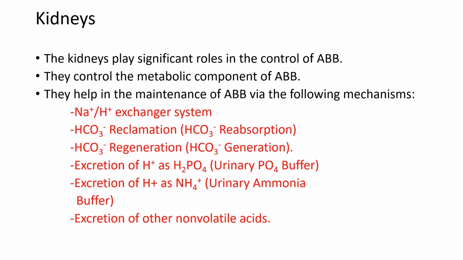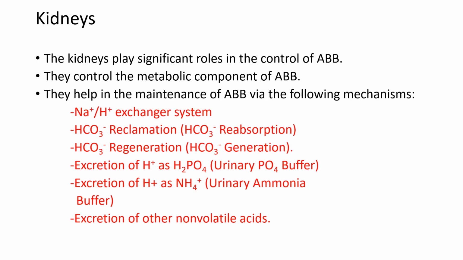Apart from the sodium hydrogen exchanger system, the other mechanism by which the kidney maintains acid-base balance is by bicarbonate reclamation. This is the system in which all the bicarbonates that are filtered through the glomerular filtration are reabsorbed back into the body in order to ensure that the pH of the body is maintained at a steady state.